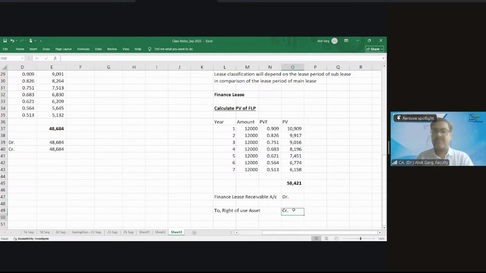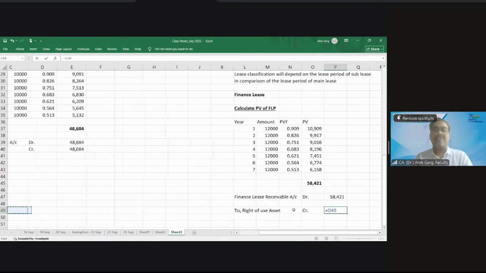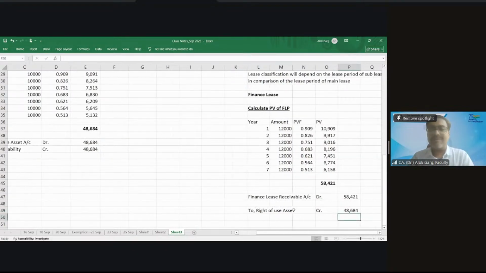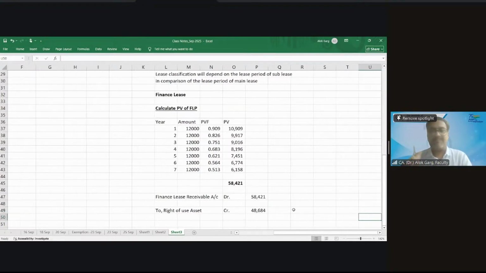I will recognize the finance lease receivable. Which asset will I de-recognize? The right of use asset, the ROU asset, because in the books of B Limited, in the first contract B Limited is the lessee. In the books of B, the car is not there, ROU is there.